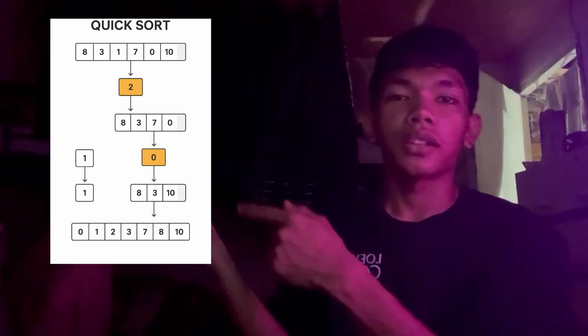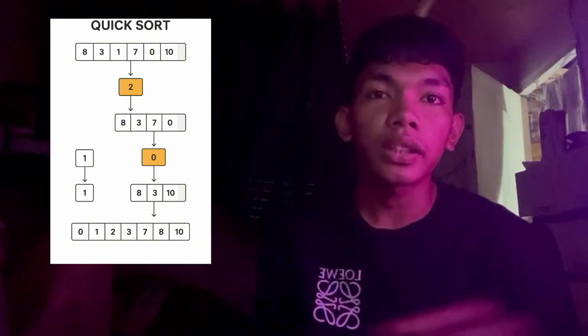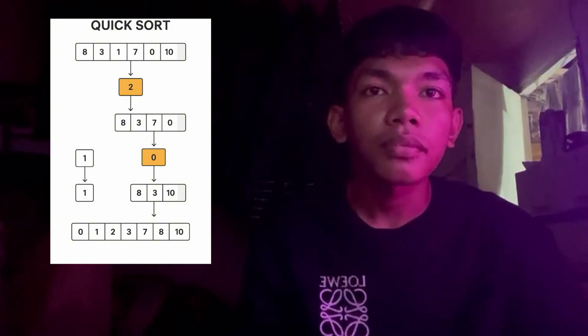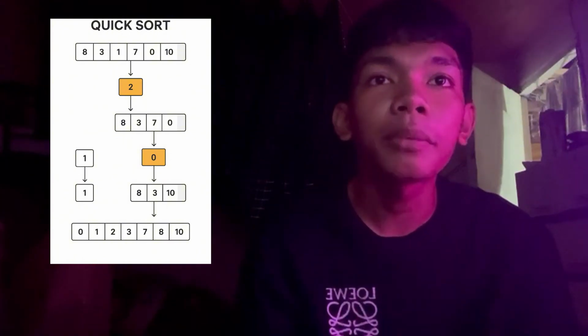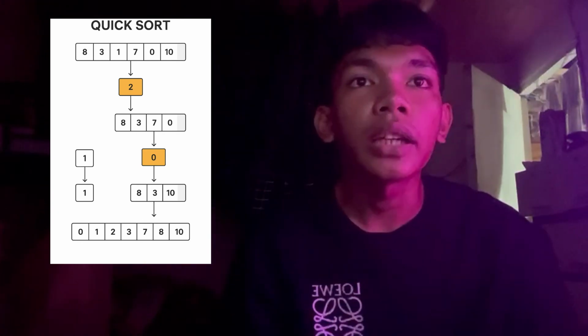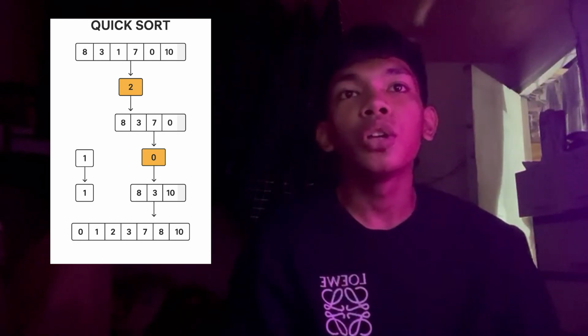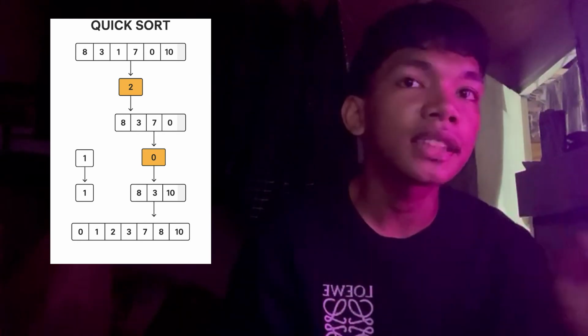You can see it on my screen right now, and we have the example. The example is 8, 3, 1, 7, 0, 10, 2. Choose a pivot. Let's pick 7.